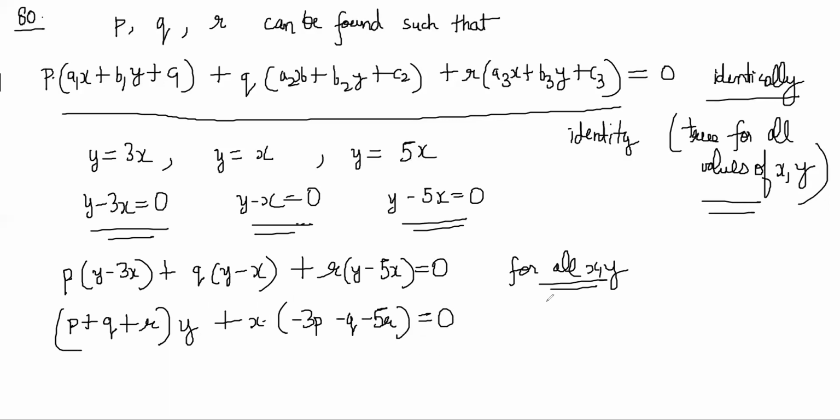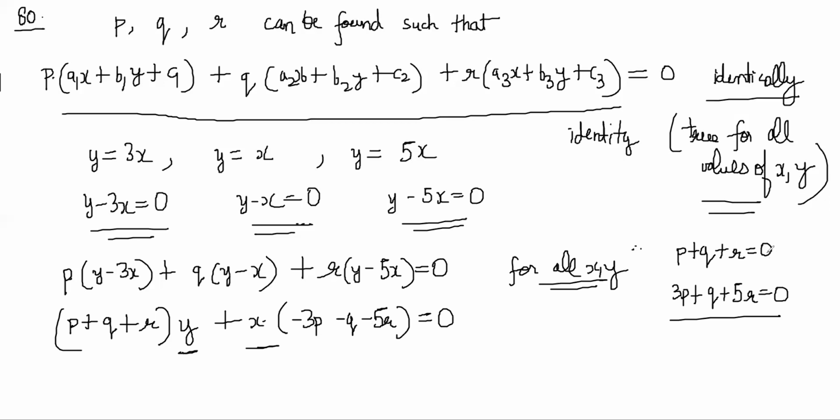This is true for all values of x, therefore p plus q plus r should be 0 and 3p plus q plus 5r should be 0. Otherwise it will not be true for all values of x and y, since x and y could be different. The only way it can be identically 0 is this.